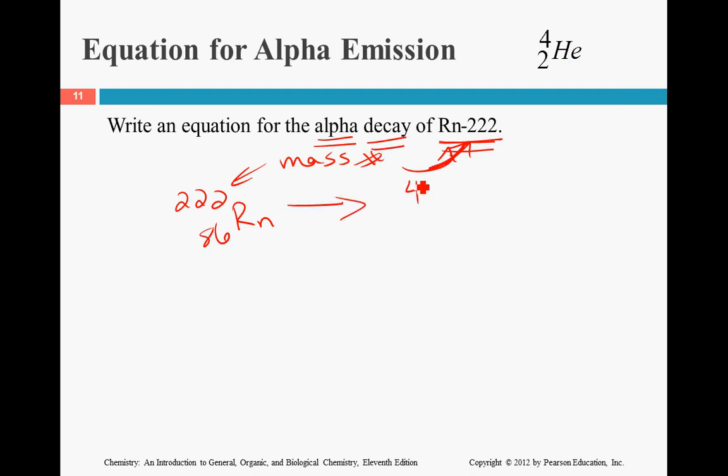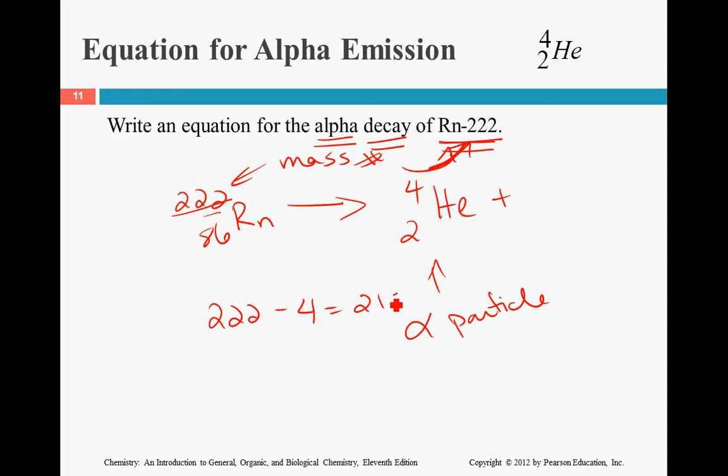So 4,2He is the alpha particle, and whatever remains is what's left over. So 222 minus 4 is 218. 86 on the bottom minus 2 is equal to 84.